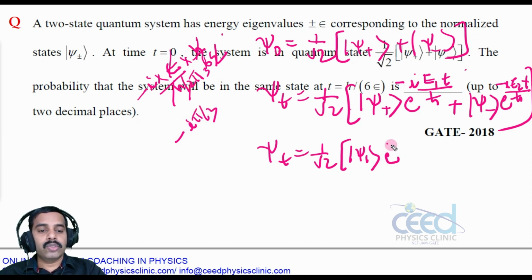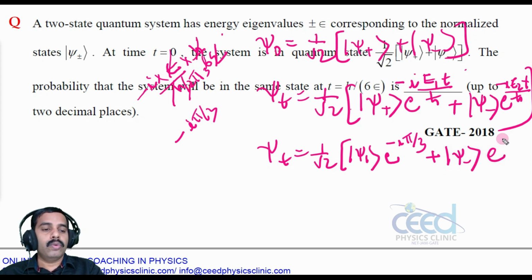So here e raised to minus i π/3 we have, and when you calculate for the second one, we are changing E2 to minus epsilon, so you will get psi minus e raised to plus i π/3. This is the new state I have after a time t, psi t.